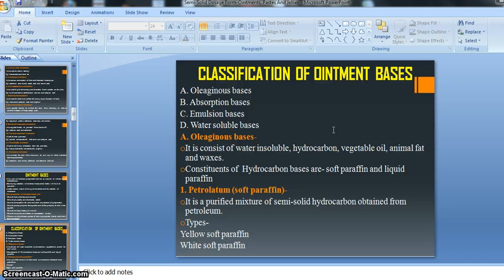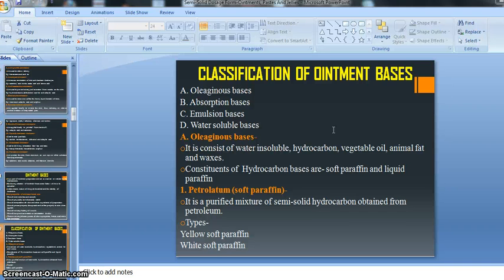Afterward comes the classification of ointment bases. This is our today's topic. As I said, various kinds of ointments are available in the market, and they are classified on the basis of some categories. There are four main categories of ointment bases.